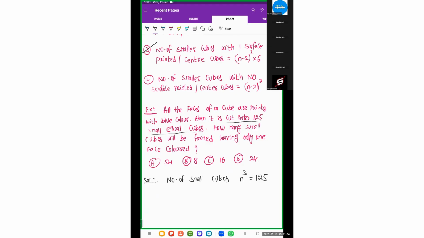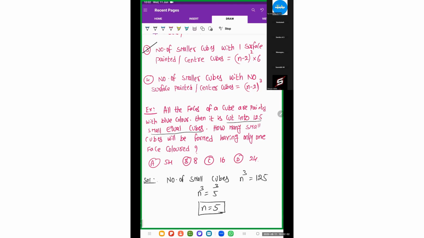Each side is n, so the volume equals n into n into n, which is n cube. So n cube equals 125, which can be written as 5 cube. So n is equal to 5.